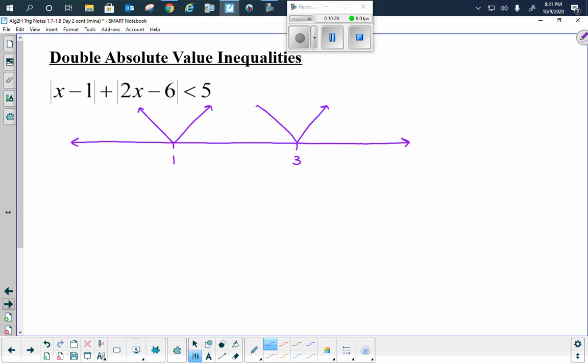put my 2 V's on there. Okay, test those 2 points real quick. If you plug in 1, it does work, makes a true statement. If you plug in 3, again, it makes a true statement.